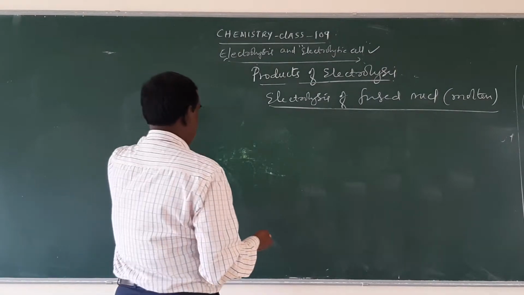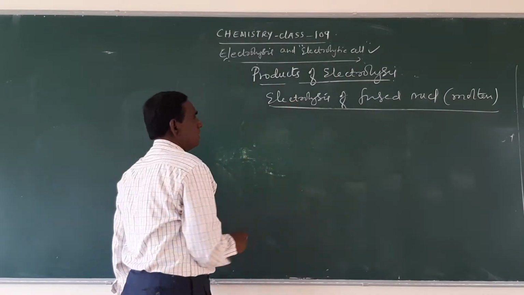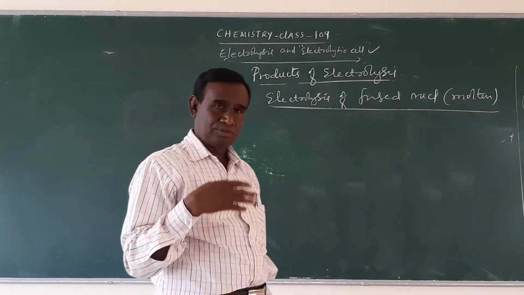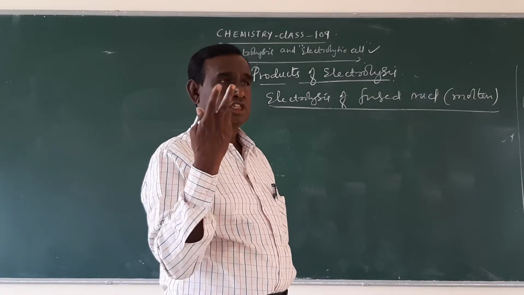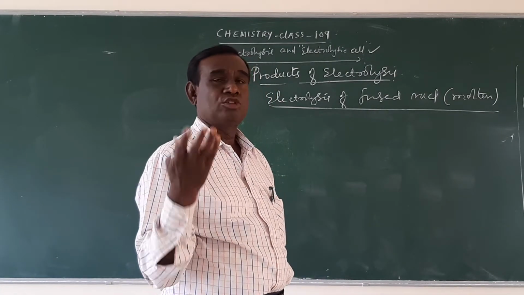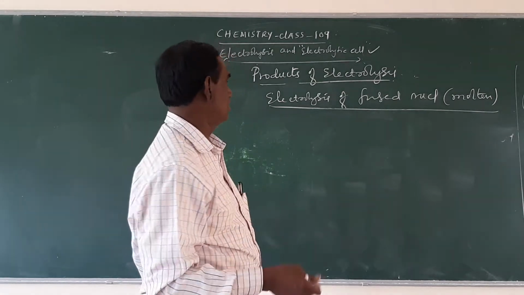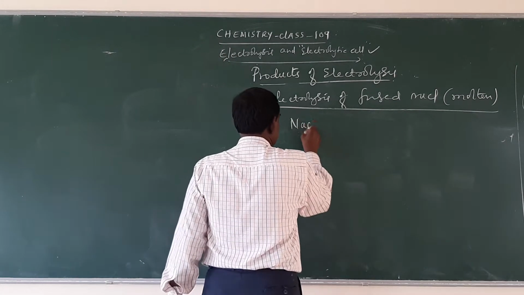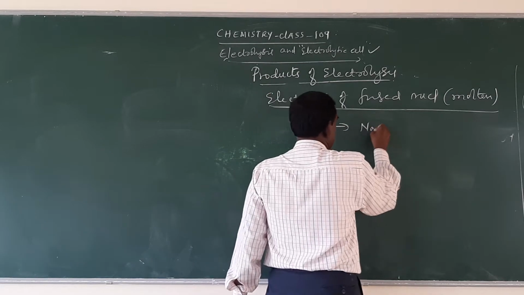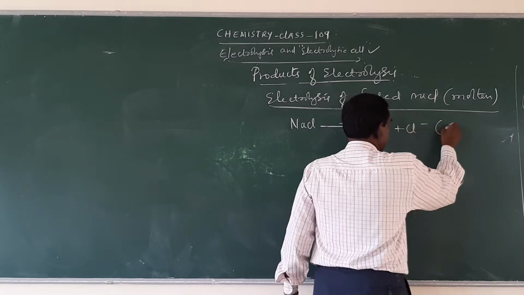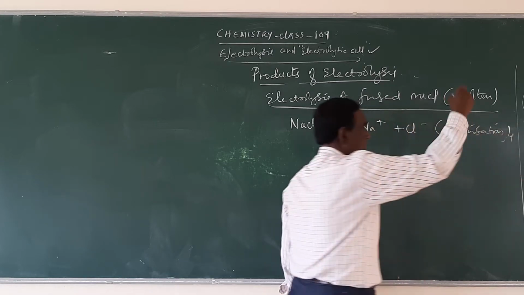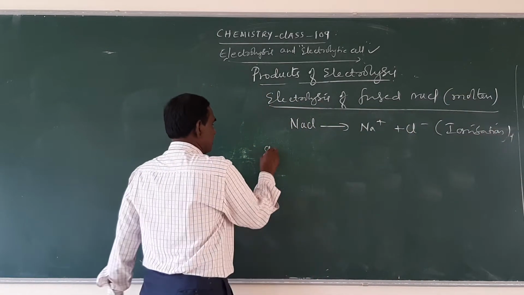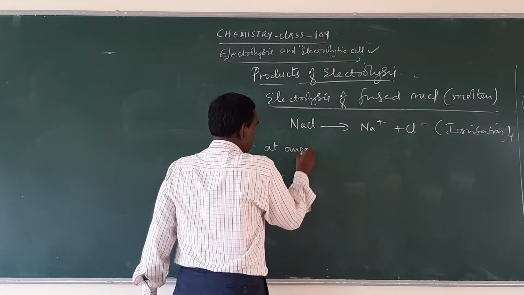When fused NaCl is subjected to electrolysis, the products obtained are chlorine gas at the anode and sodium metal at the cathode. How does NaCl give rise to Na plus and Cl minus? It is nothing but ionization. Next, what happens at the anode?